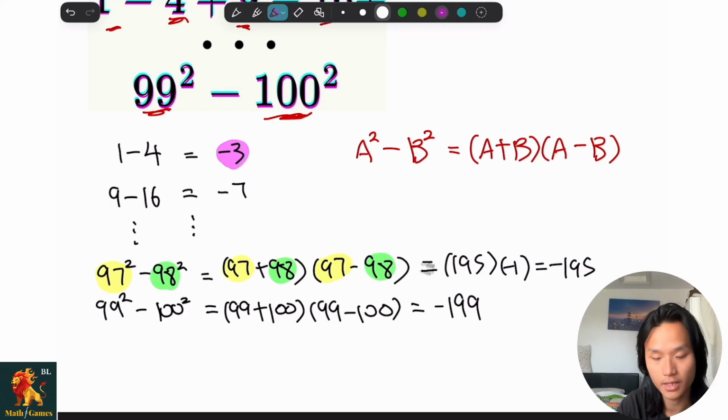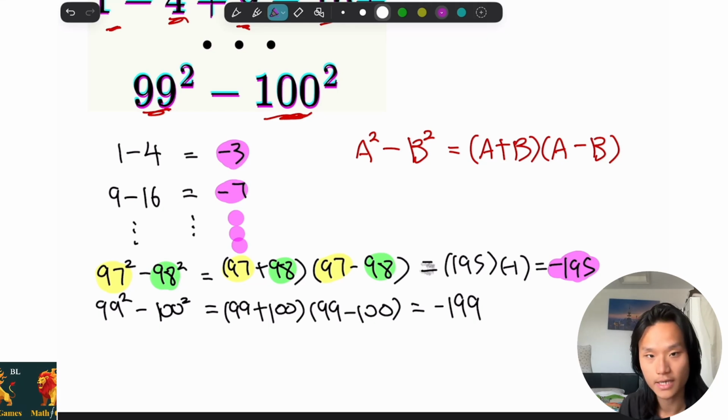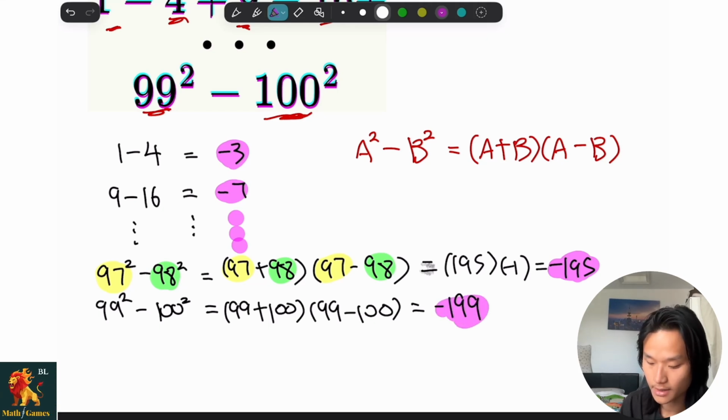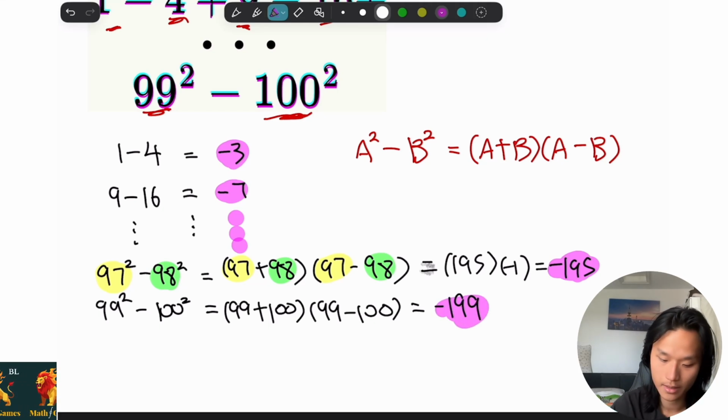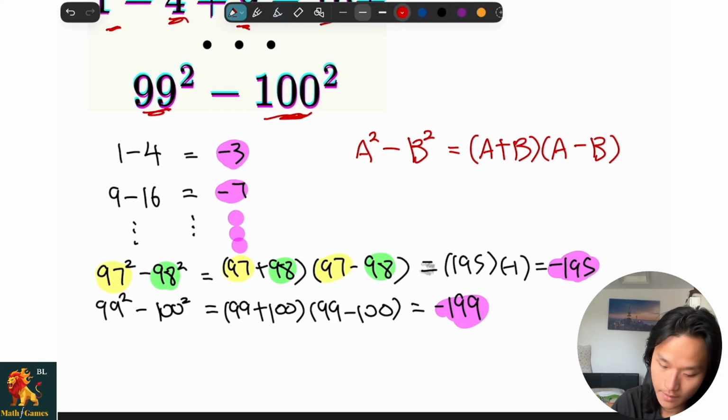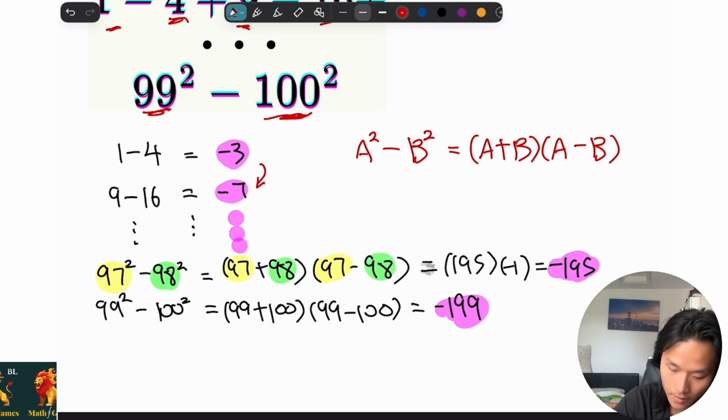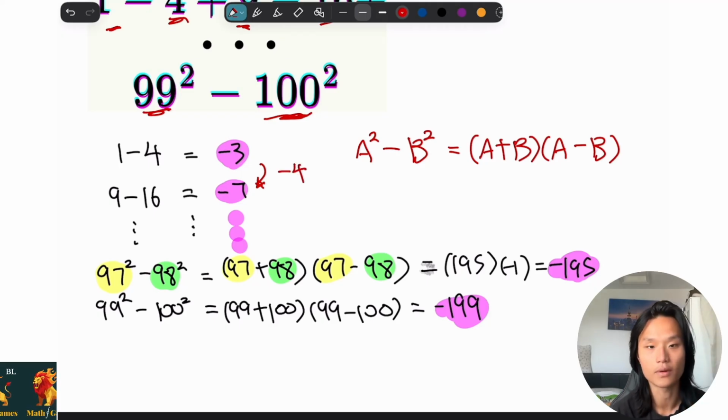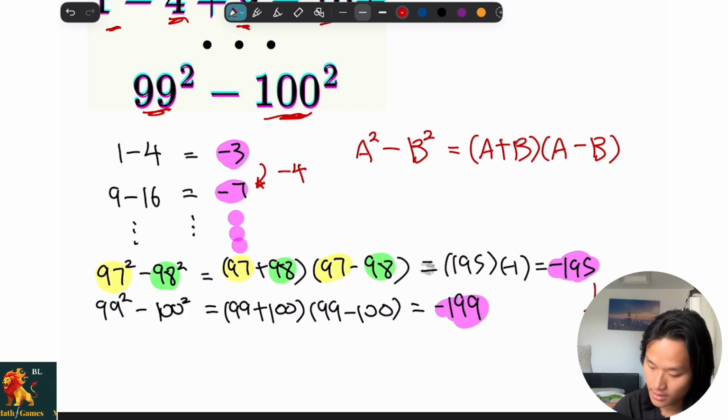We have minus 3, minus 7, and the terms in the middle, and then minus 195 and minus 199. So it seems like these terms have a difference of minus 4, right? Because minus 3 minus 4, that is just minus 7. The same goes for here, we have minus 4.